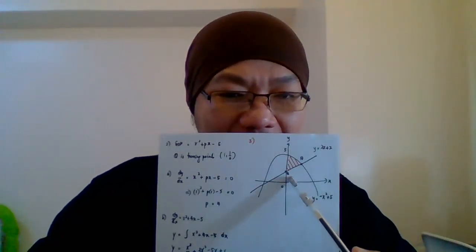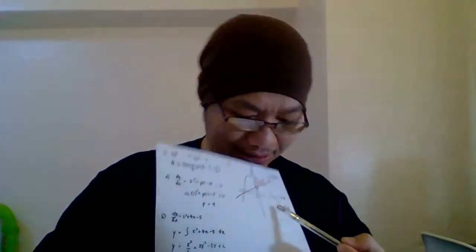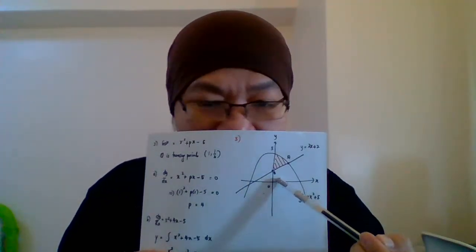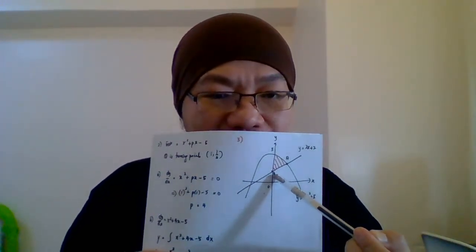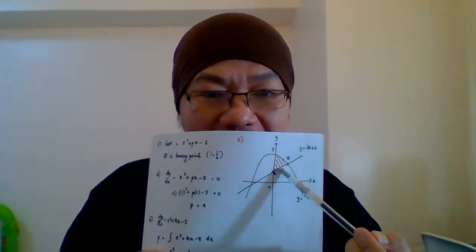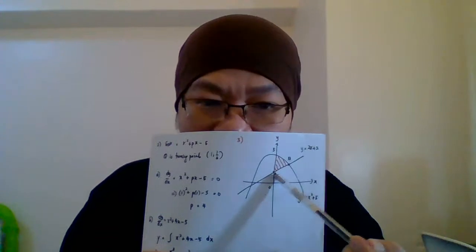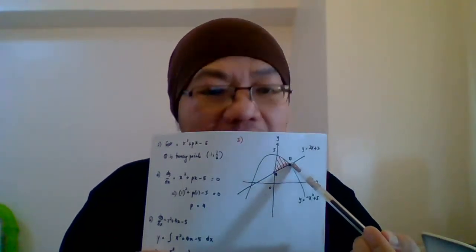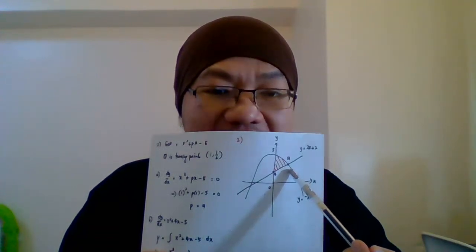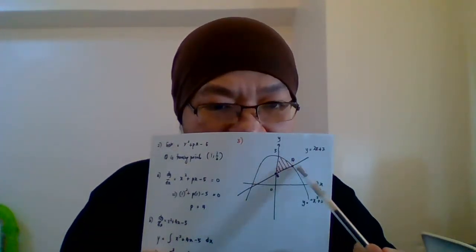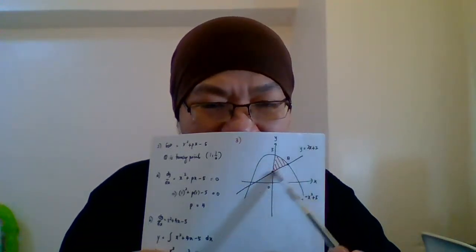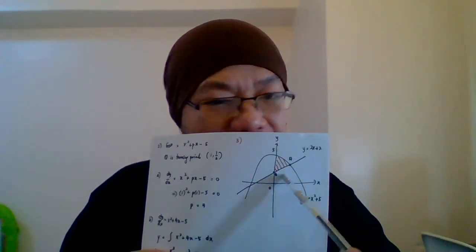Point B is very clear, only lies on the straight line, not the curve and not the intersect between the curve and the straight line. But point A is actually the intersecting point between two different lines, but B purely lies on the straight line. So for B, very easy.